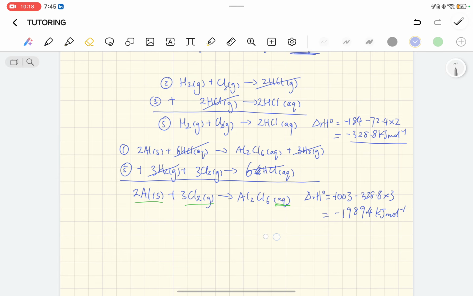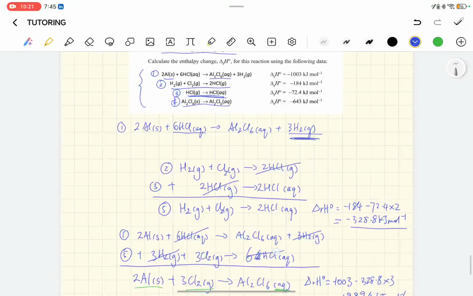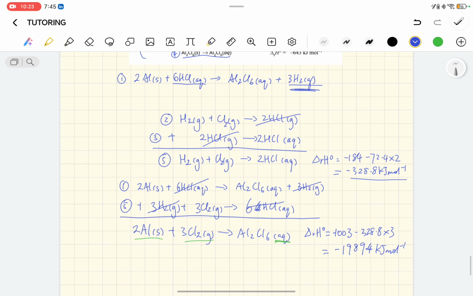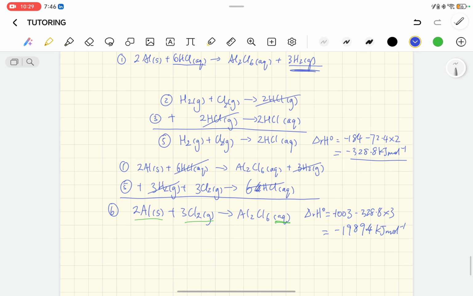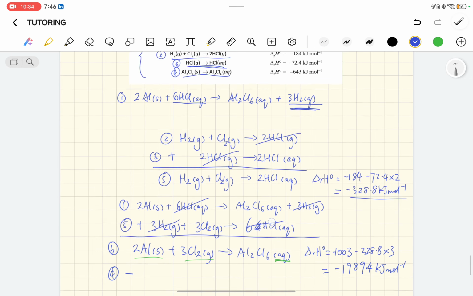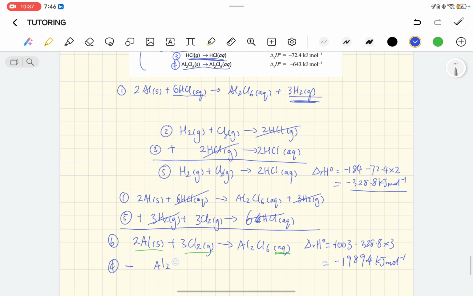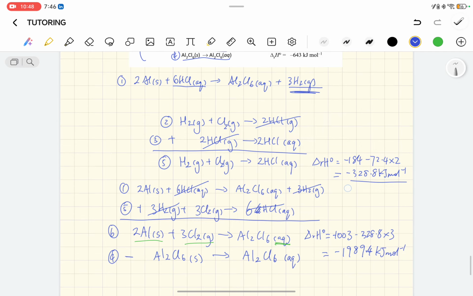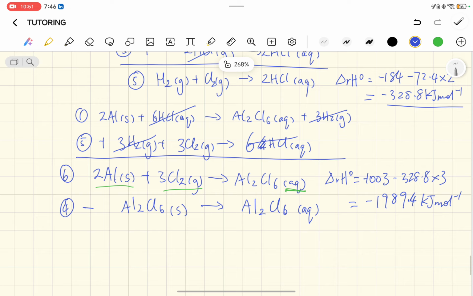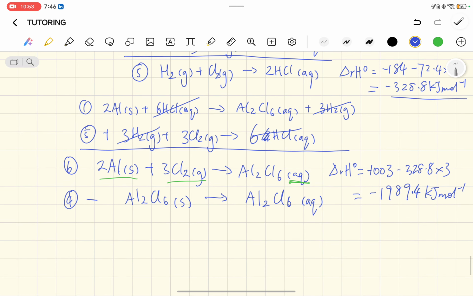So we'll be essentially minusing off reaction 4 from this reaction. Let's call it reaction 6. Alright? And this is reaction 4, we're minusing it off. Al2Cl6 solid goes to Al2Cl6 aqueous. If we're minusing that off, we would get, think of a negative here and a negative here.